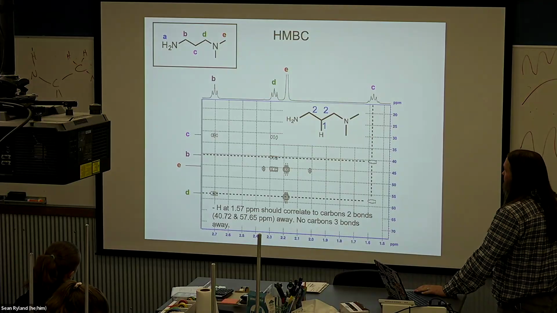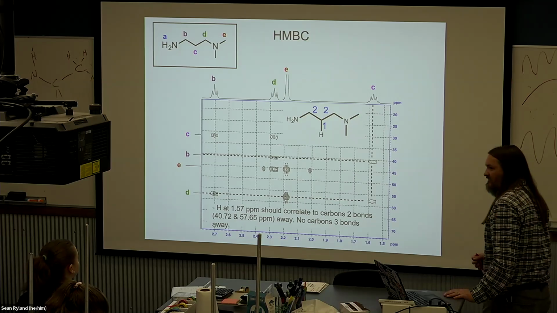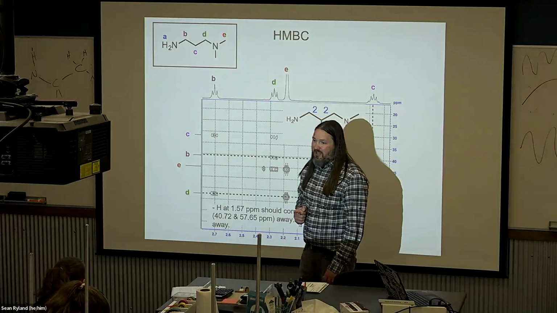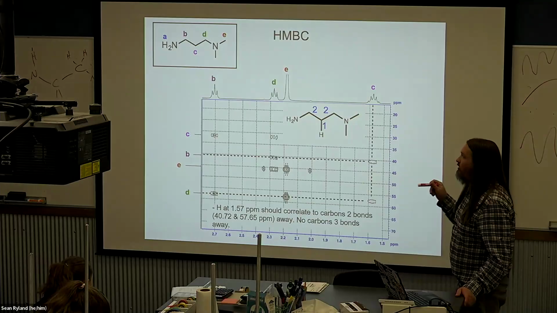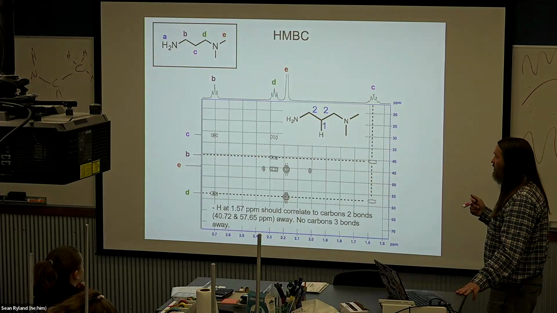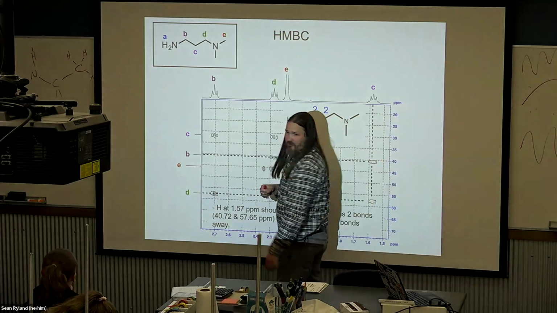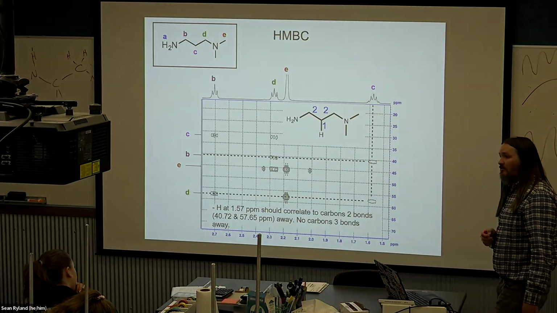You can also, if we got to a less common organic molecule, if we did this with a fluorine, fluorine has 19 nucleons, right? So fluorine shows up in NMRs really well. You can do a fluorine NMR. You can do this with proton here and fluorine here to see what's close to a fluorine.